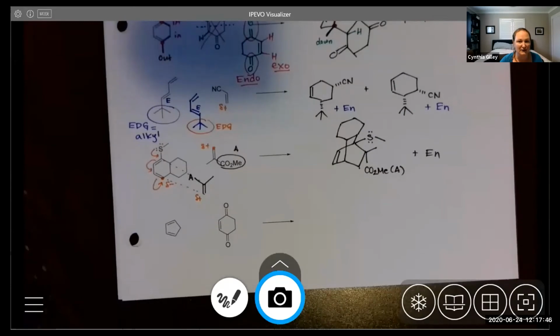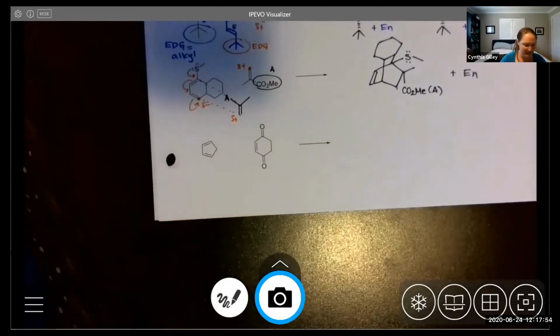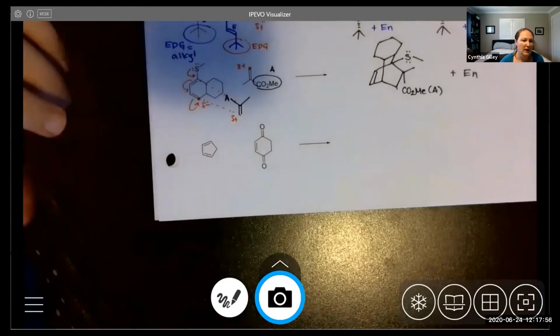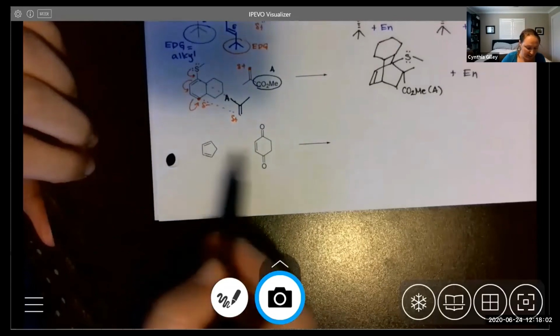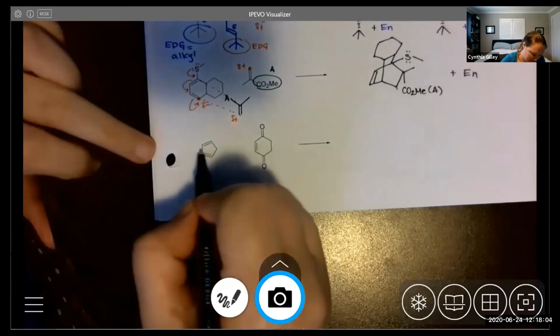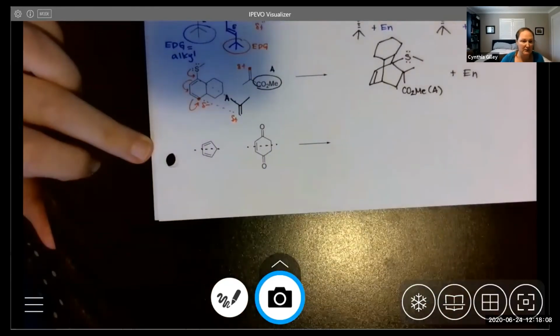I'll try not to get this crazy. He likes to do some challenge. Okay, so we have the diene in this one as cis already, so that's good. They actually both have an internal plane of symmetry. That's fine, that's perfect. We don't have to worry about regiochemistry.